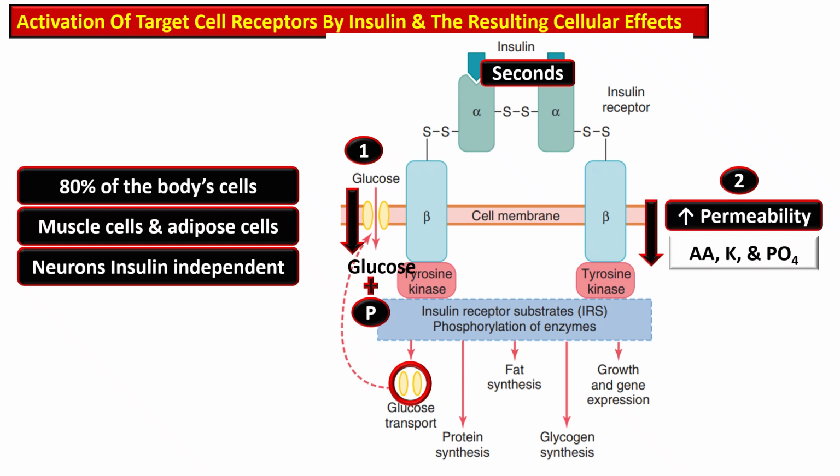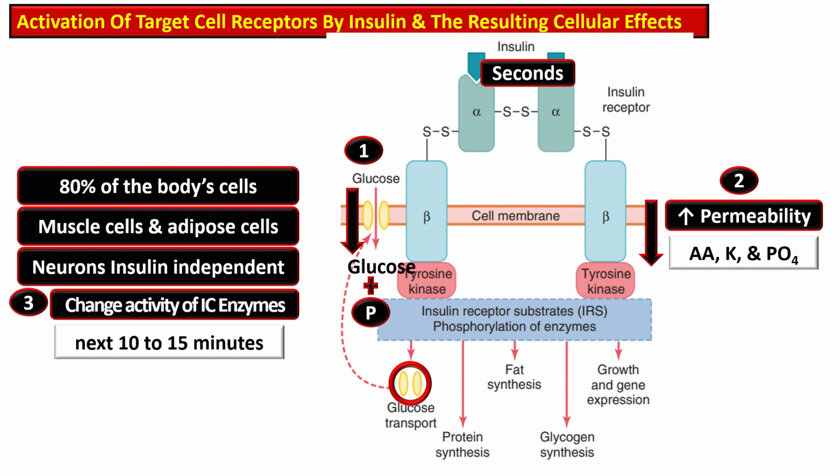Then there is increased uptake of other molecules, and the cell membrane becomes more permeable to amino acids for protein synthesis, potassium ions, and phosphate ions.